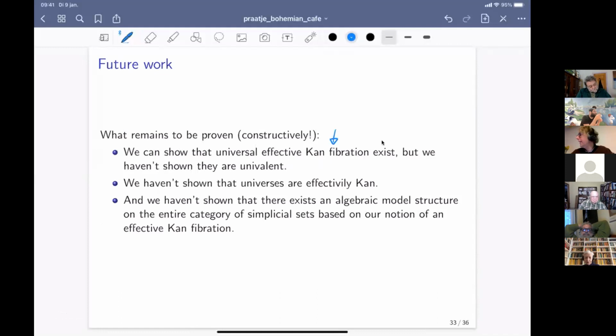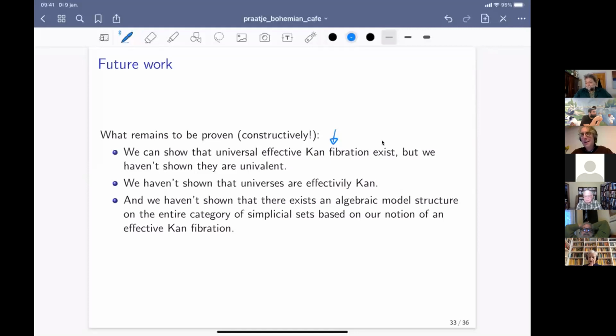Well, what I haven't claimed so far, for instance, is that these effective cofibrations are the right class in an algebraic weak factorization system.